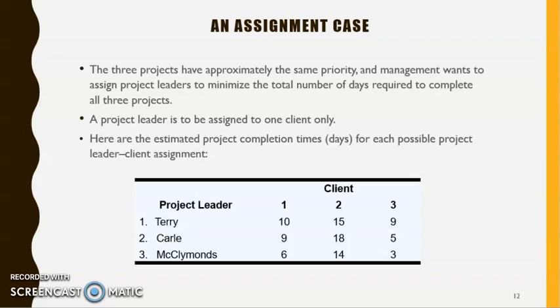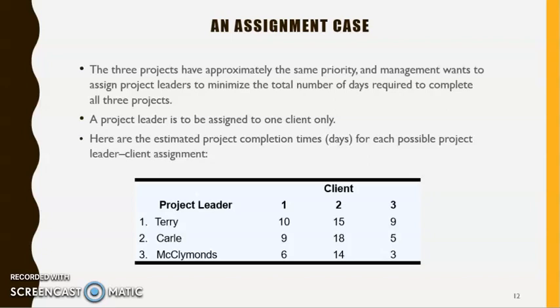For example, if we assign Terry to project 1, it would take 10 days. If we assign him to project 2, it will take 15 days, and to project 3 it takes 9 days.